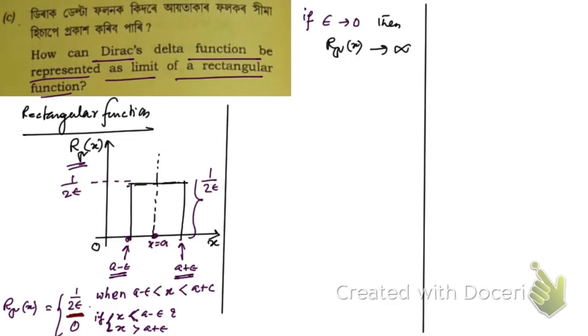Okay, and if you take the integral from minus infinity to plus infinity of r sigma of x dx, then you can split this into three parts. One is from minus infinity to x is equal to a minus epsilon, then a plus epsilon to plus infinity, then a minus epsilon to a plus epsilon.